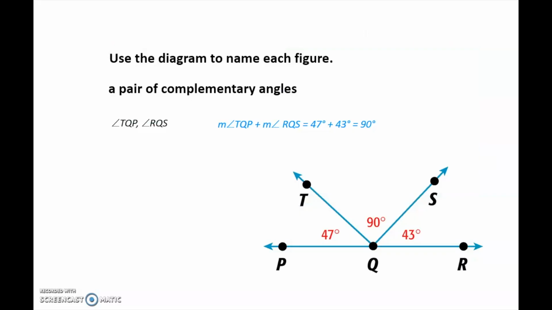So we're going to look at this diagram here, and we're looking for 2 angles that are complementary. Complementary means they add up to 90. So right away we know this angle in the corner wouldn't work because it already is 90 degrees.